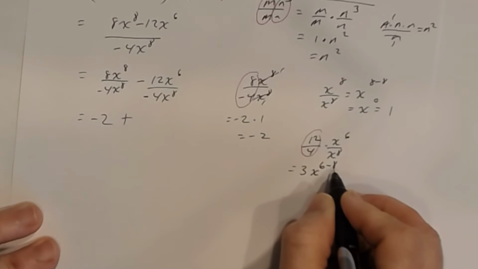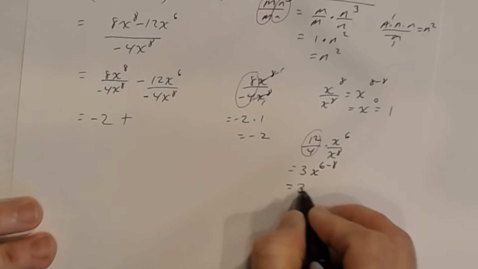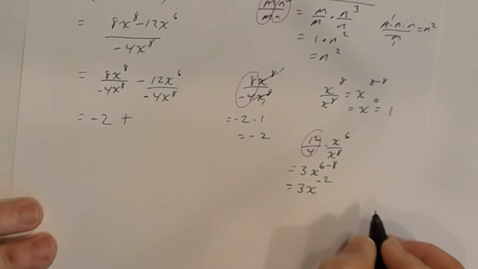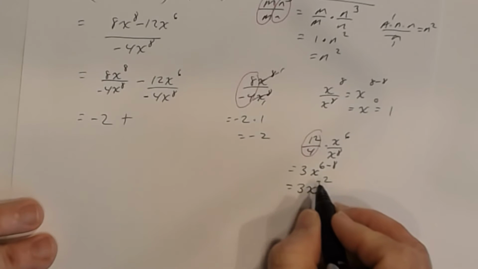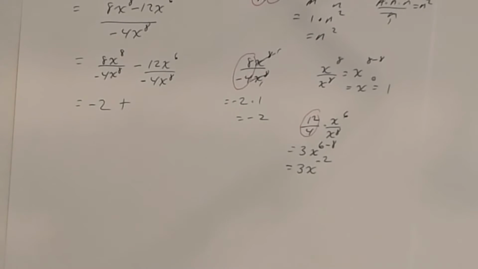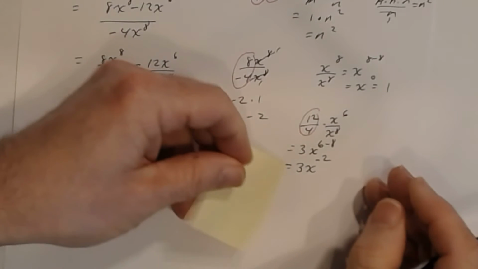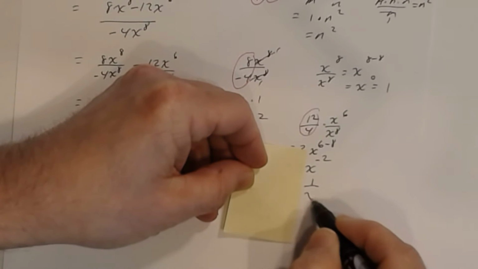Well, 6 subtract 8 is not 2. 6 subtract 8 is a negative 2, so that's 3x to the negative 2. But remember, you need the exponent to be positive. Well, you know that, and let me go ahead and cover this up. You know that this means 1 divided by x squared.